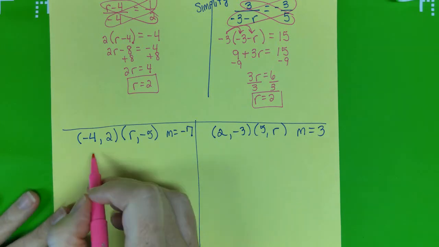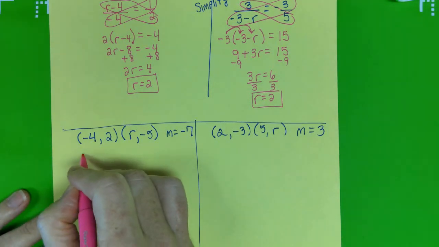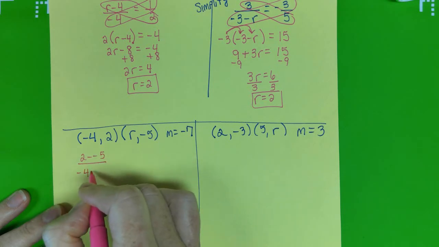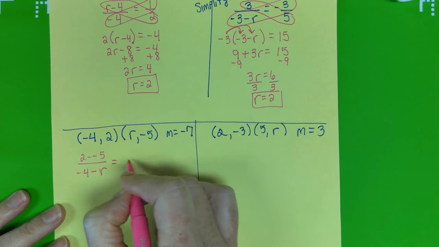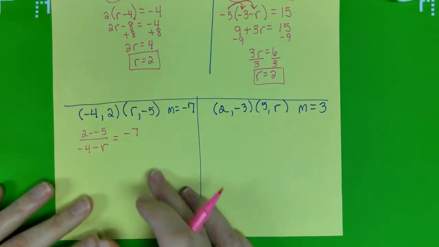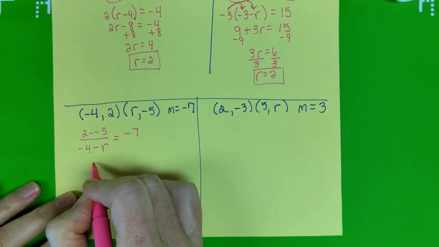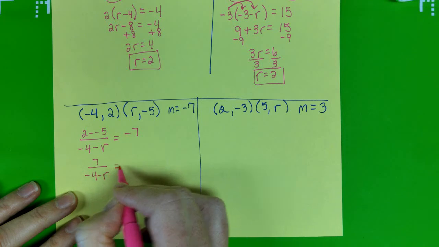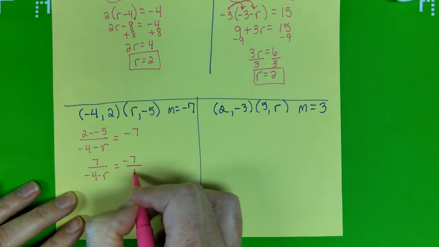For this next one then, I might say 2 minus -5 over -4 minus R equals -7. Now these might be a little bit different just because they're integers, and so we still want to simplify, and it may be helpful to you to put -7 over 1.